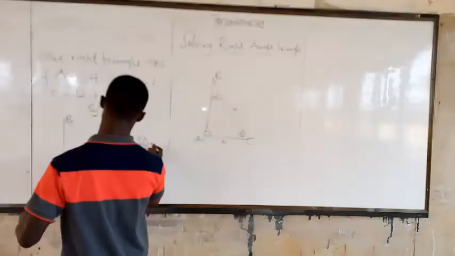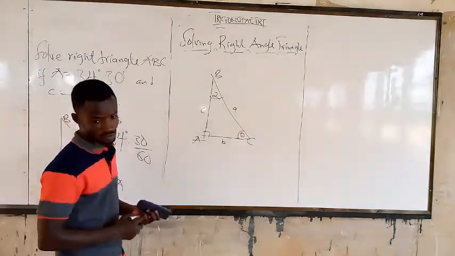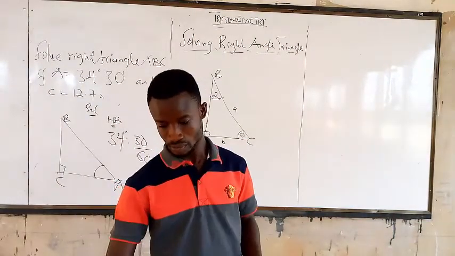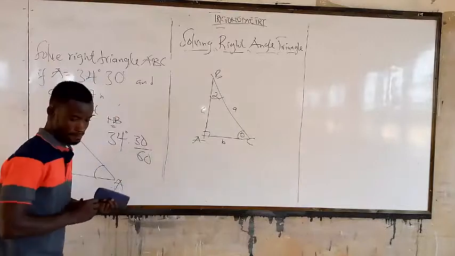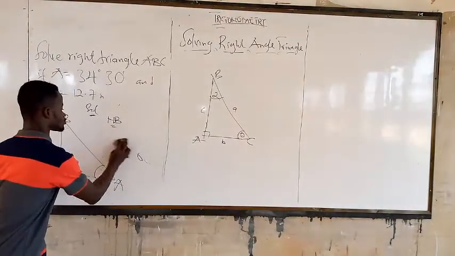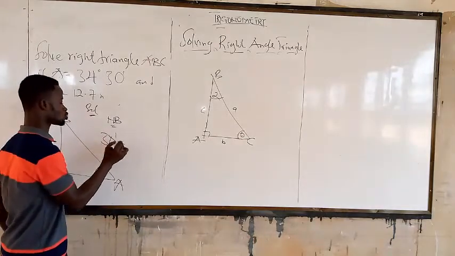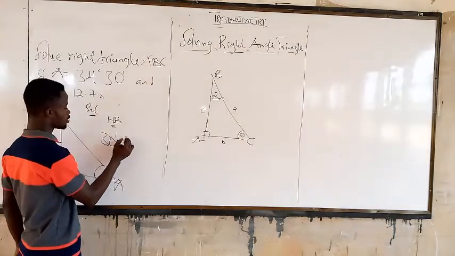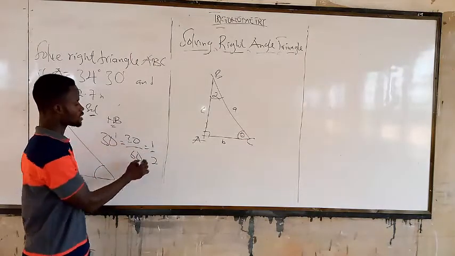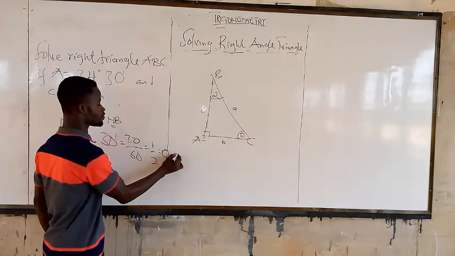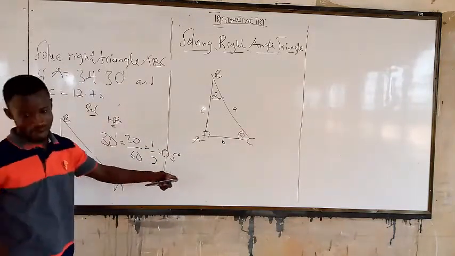So 30 minutes is equal to 30 over 60, which is equal to half, the same as 0.5 degrees. We now add up these two.